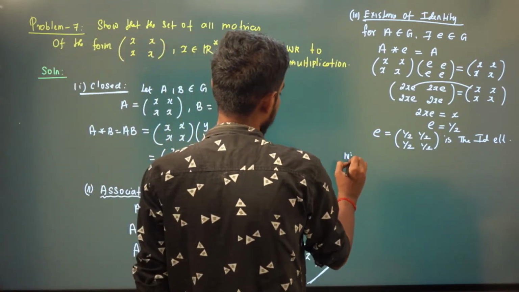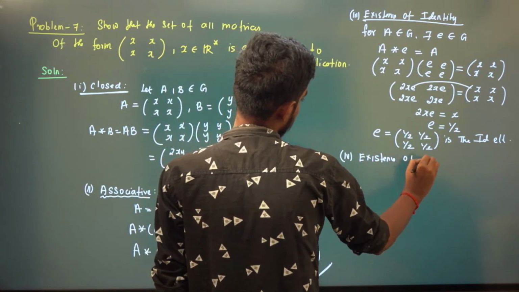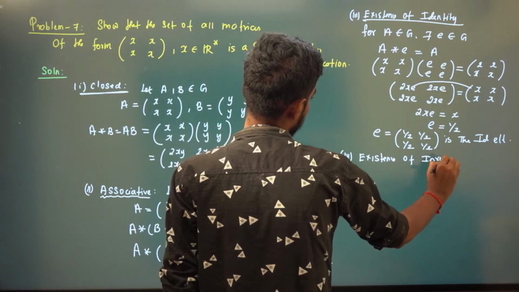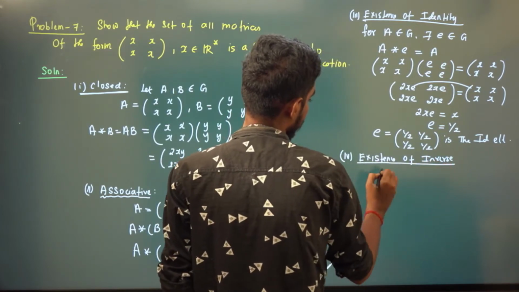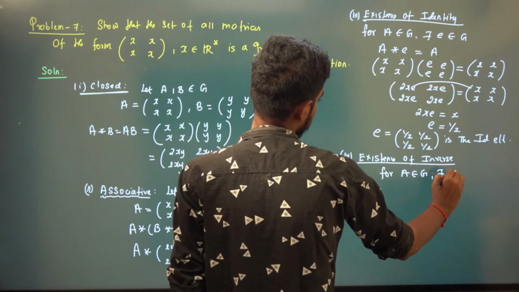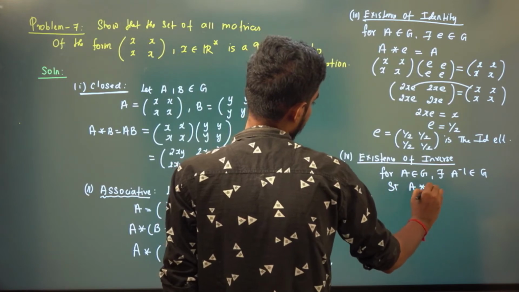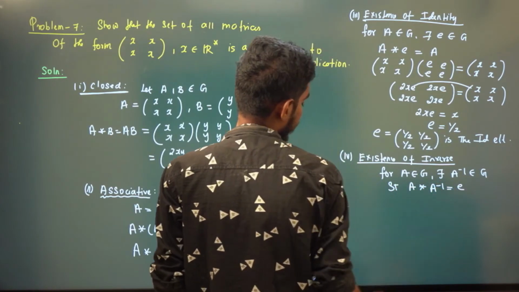And the inverse, the existence of inverse. For A belonging to G, there exists an element A inverse in G such that A times A inverse gives me the identity element.